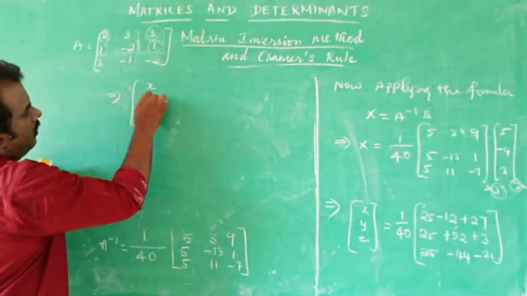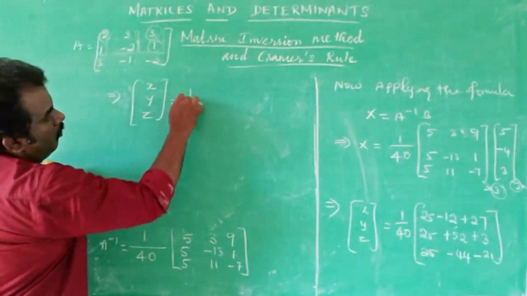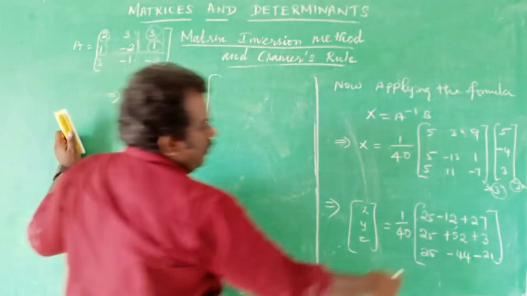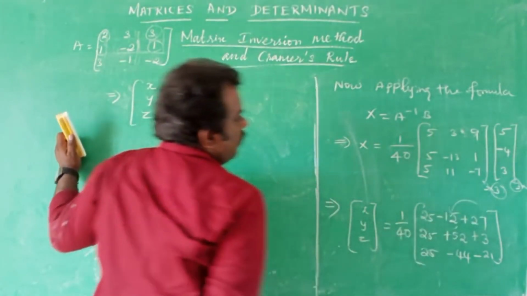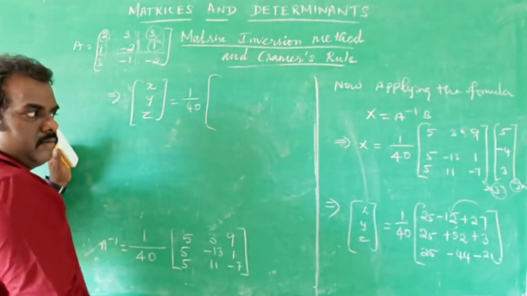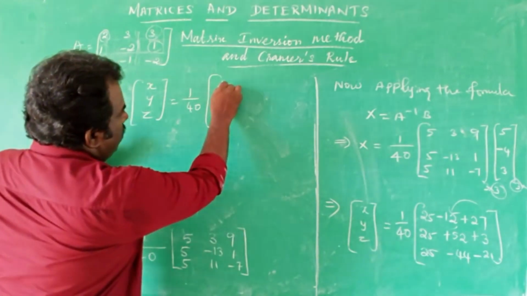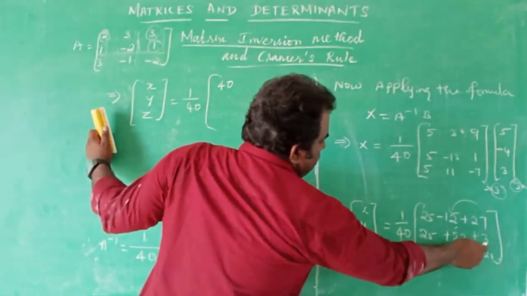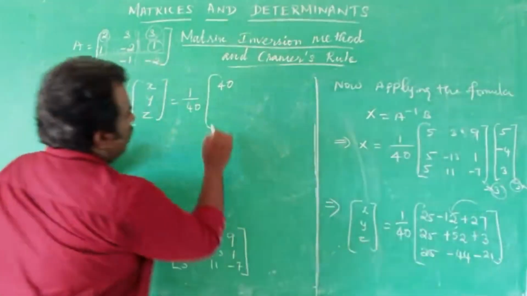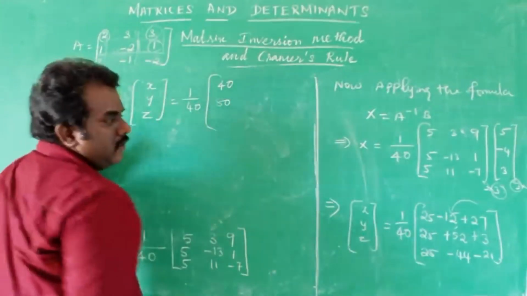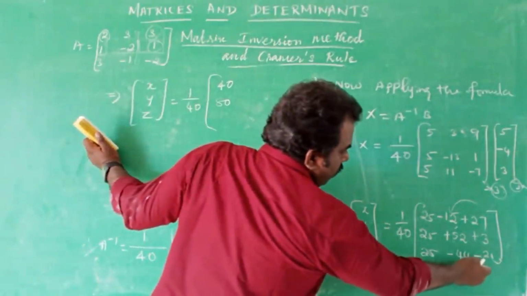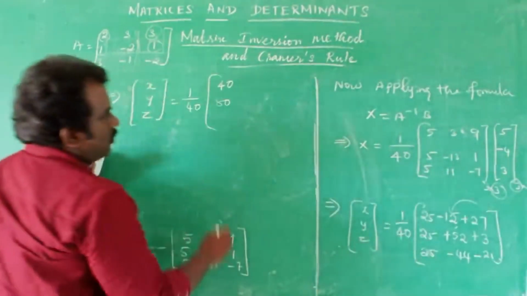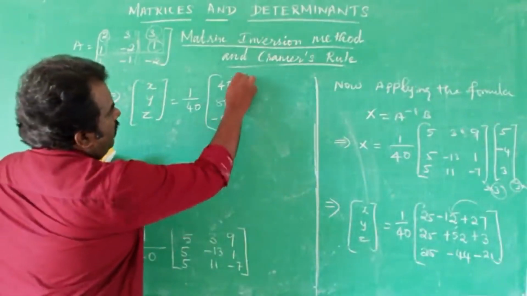It implies x, y, z is 1 by 40 of, then simplify that. 27 minus 12 is 15, 15 plus 25, that is 40. Adding these, 52 plus 3 is 55, 55 plus 25, that is 80. Minus 44, then minus 21 is minus 65, minus 65 plus 25 is minus 40.